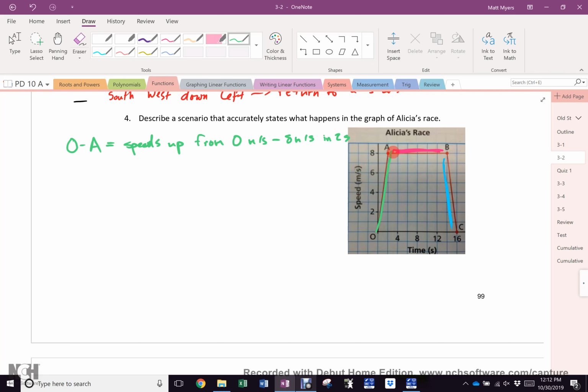Change in what? Change in dV divided by IV. So what is our change in dV? 8. What's our change in T? 2. So she speeds up from 0 to 8 meters per second, or if I wanted a 4-level answer, she speeds up at a rate of 4 meters per second, right?